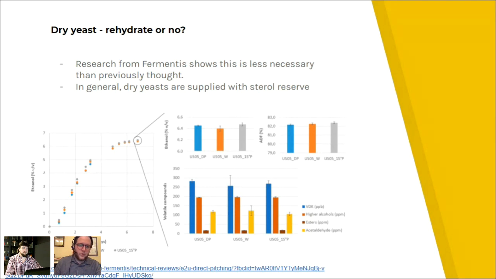What the dry yeast manufacturers do is they often have processes that build extra sterols into the yeast, and so they avoid some of those issues with oxygenation, also some of those issues that might otherwise face the yeast as it goes from this little shriveled up raisin to a plump hydrated yeast cell. So these are big companies that are very clever, and they've figured out a lot of ways to eliminate this issue.